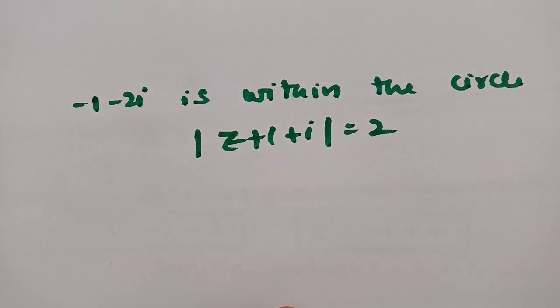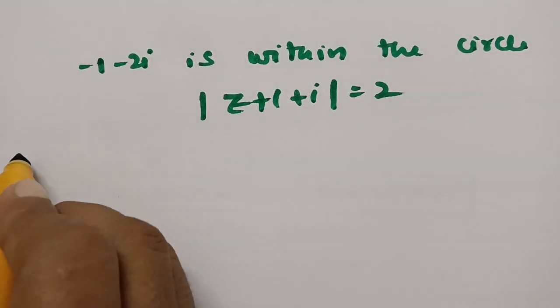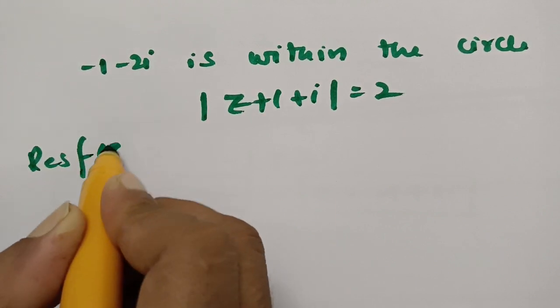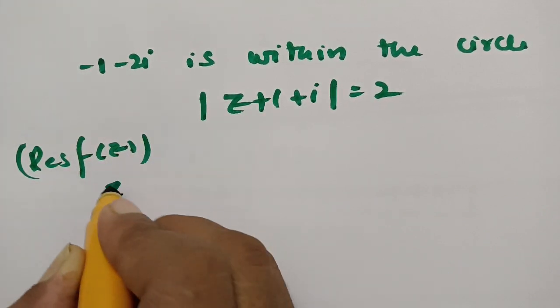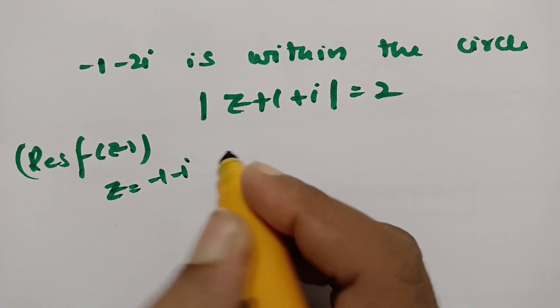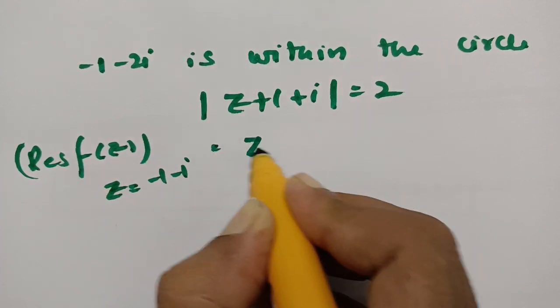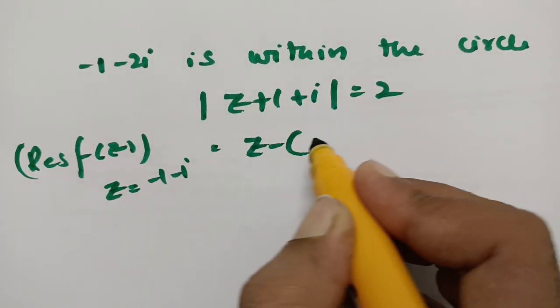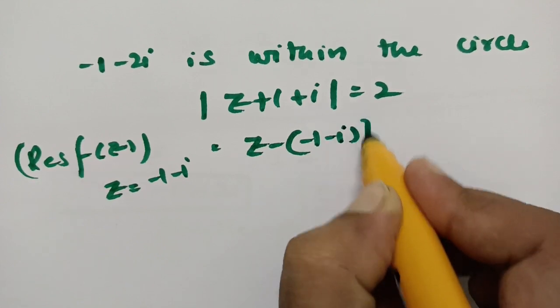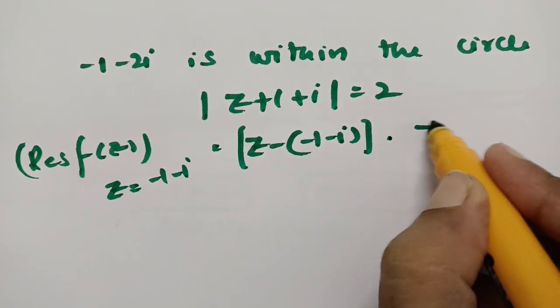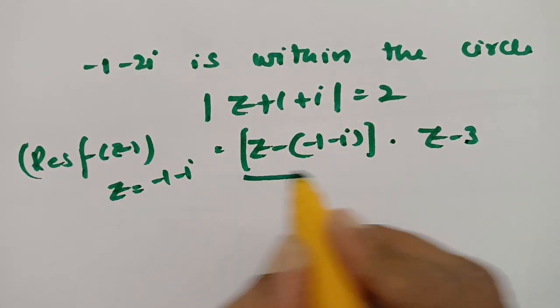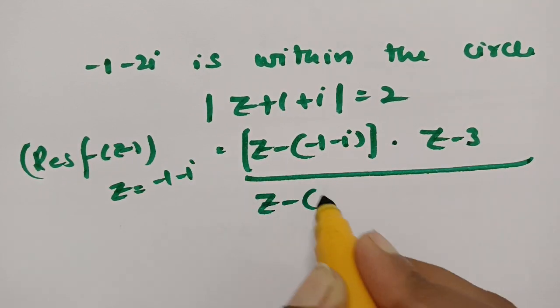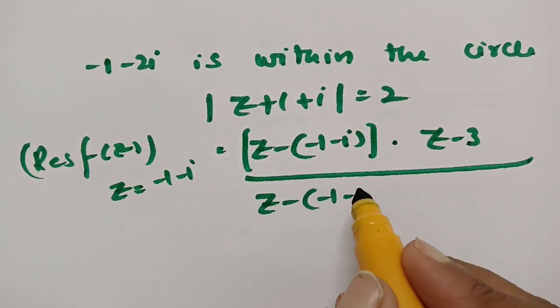In order to find the residue, the residue of f(z) at z = minus 1 minus 2i is nothing but (z minus (minus 1 minus 2i)) times f(z). And what is our f(z) value? This is nothing but (z minus 3) divided by (z minus (minus 1 plus 2i)) times (z minus (minus 1 minus 2i)).